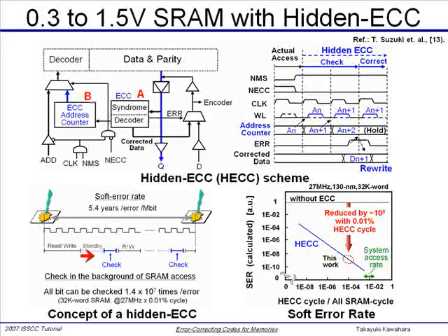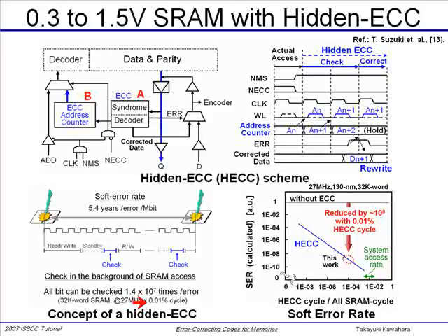The SRAM soft error rate is 5.4 years per error per megabit. So this hidden ECC operates only 0.01% of the total operation time. Of course, this is overhead, but all the bits can be checked many times within the soft error interval.